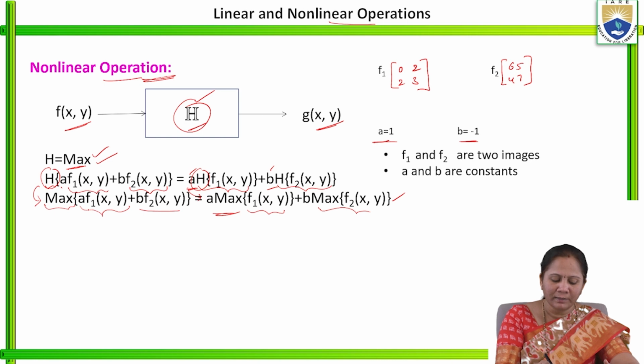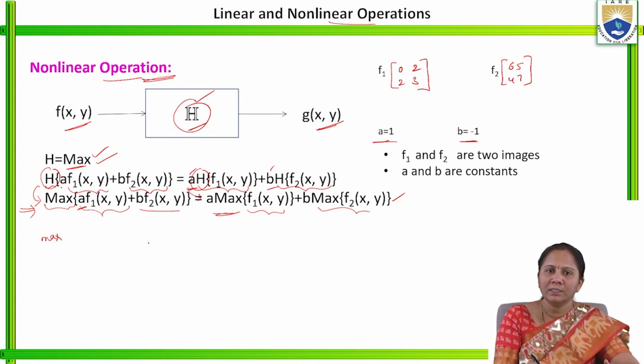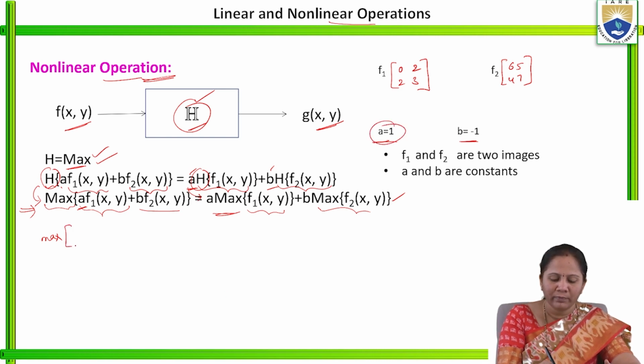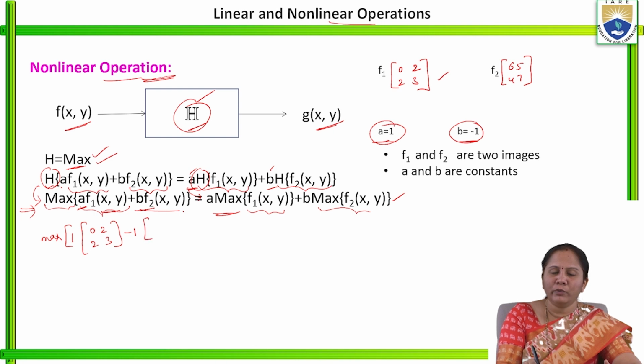So let us consider here. From this equation, we can write max of, here the value of a is 1, so we can write max of 1 into f1 of x comma y, where the values are 0, 2, 2, 3. Next, plus b, where the value of b is minus 1, and f2 of x comma y values are 6, 5, 4, 7.